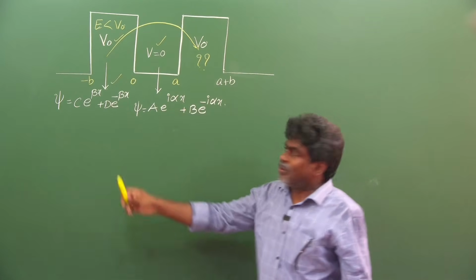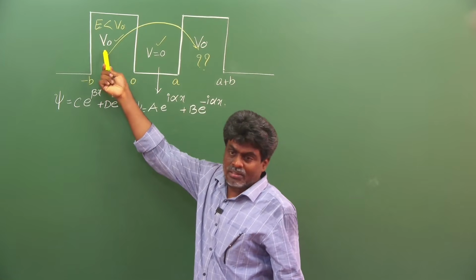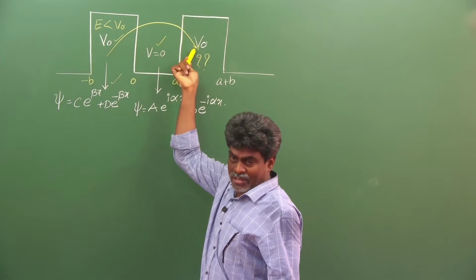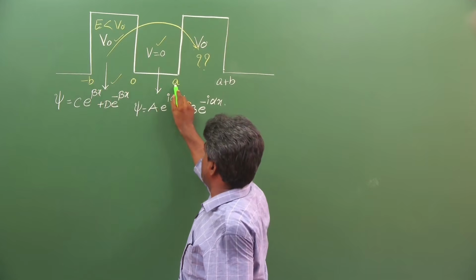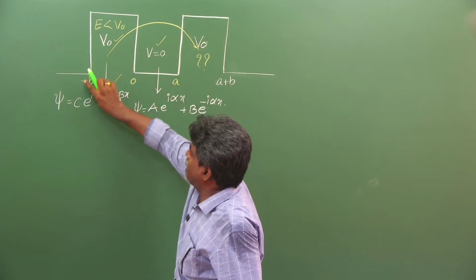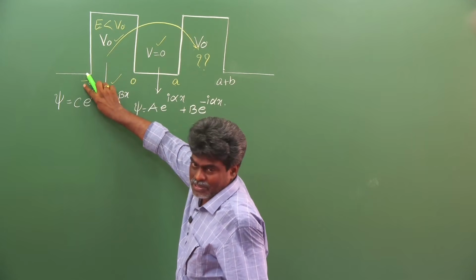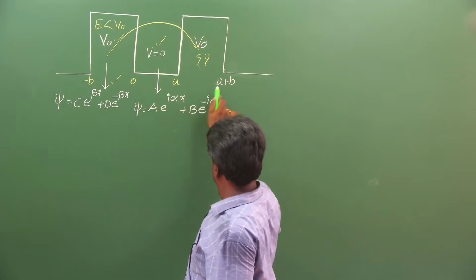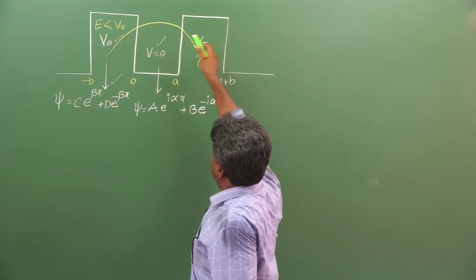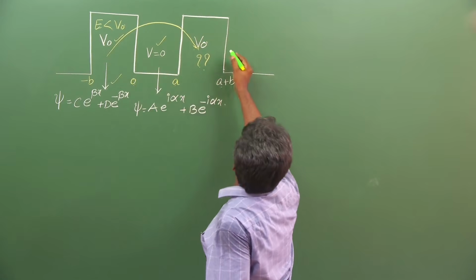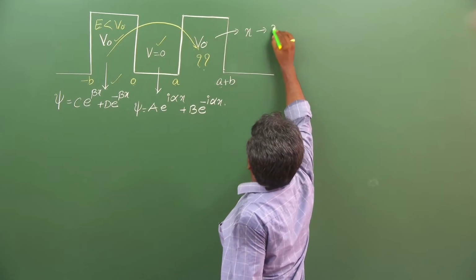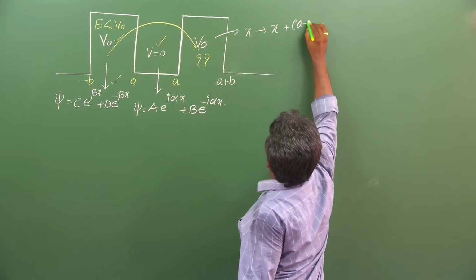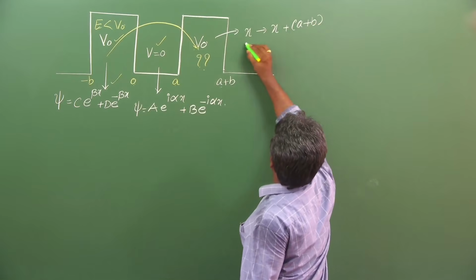Here the potential is V naught, and again it repeats V naught after an interval of minus b to a, that means from minus b to a plus b, otherwise 0. Everyone understand? So this is the region having the periodicity.